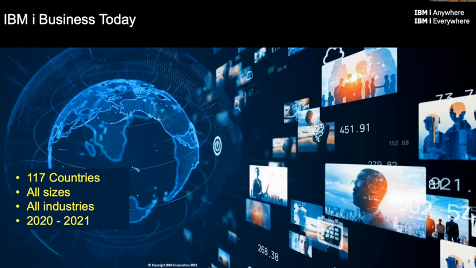Of course, things have changed dramatically for everybody in the last couple of years. When the pandemic hit and we were all sent home to work, what was reassuring to all of the IBM i people inside IBM was that we knew IBM i customers and employees would move easily to work remotely.